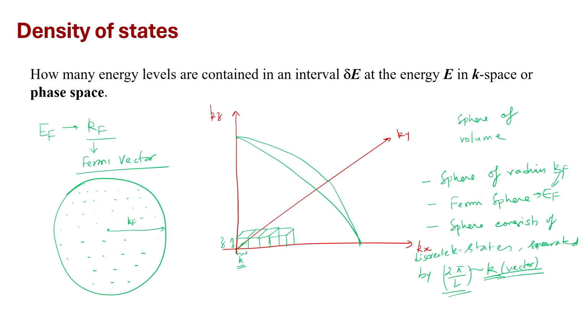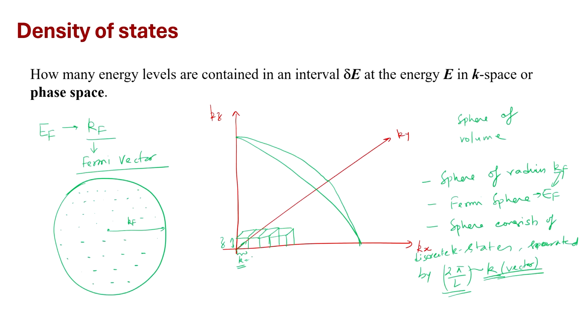This is the magnitude that you will have. So, if you have an electron in a box of dimension L, then in the reciprocal space the smallest unit will be 2 pi divided by L. Each of these will be separated by 2 pi divided by L. So, this is how it will look.